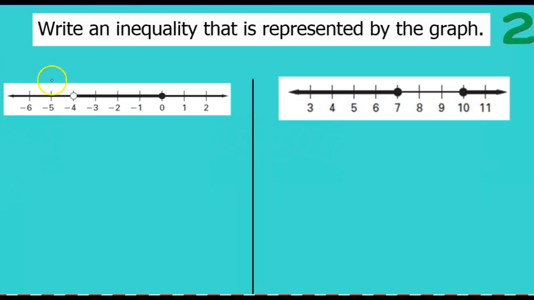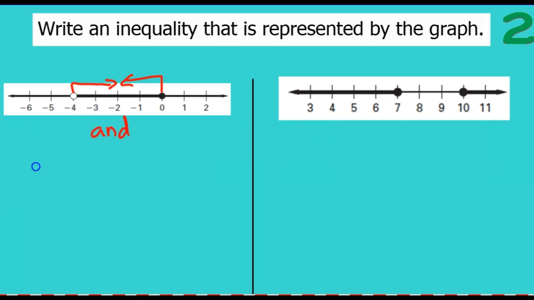So let's try to solve some of these. So first of all, we have to look to see what kind of inequality is represented by this graph. Well, I see a line that's going in between our points right here. So it's going this way, and then this one is going this way. So when they're going together, we know we have an "and" inequality.